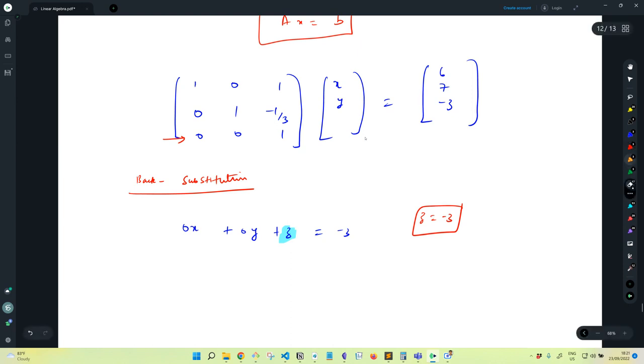Because z is minus 3, I know the solution for one variable. Then I can replace this z with minus 3. Once I replace this, let us multiply this vector with the second row. It will be 0 times x plus y minus 1 by 3 into, now this entry gets multiplied by minus 3.